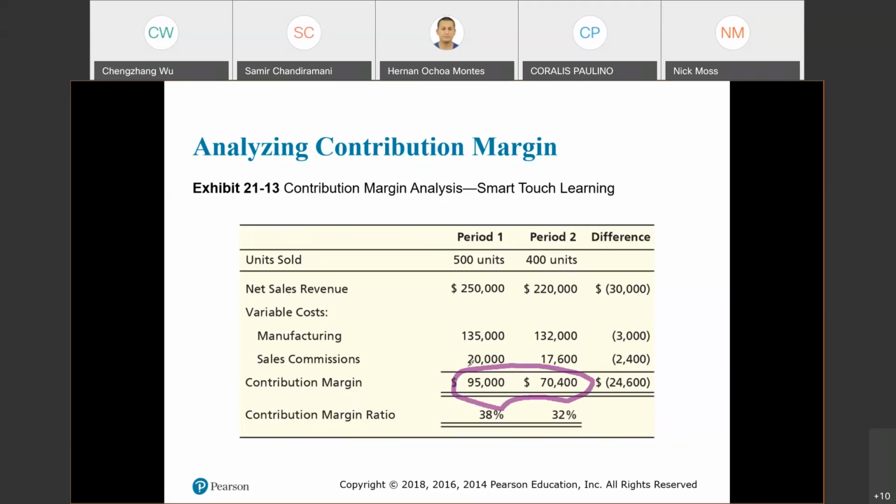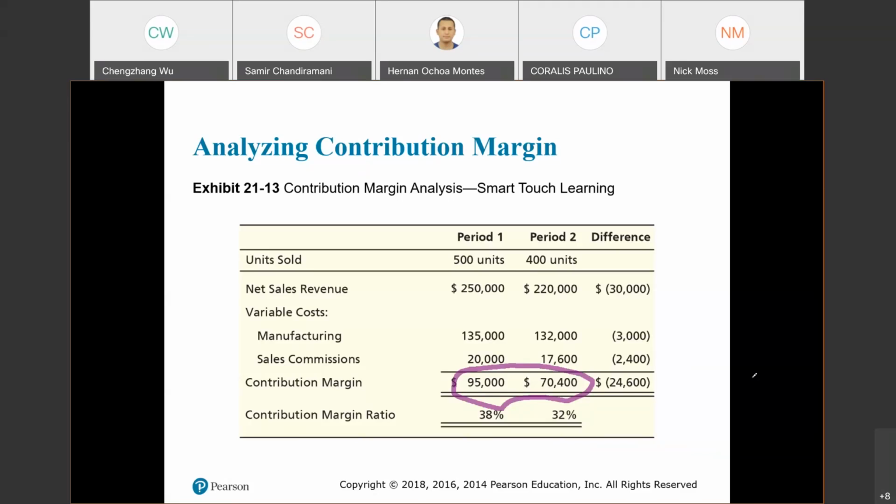We can see the difference is $24,600. At first glance, it appears that the decrease in contribution margin was because of the decrease in the number of units sold.